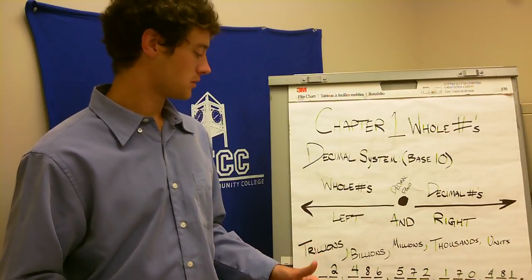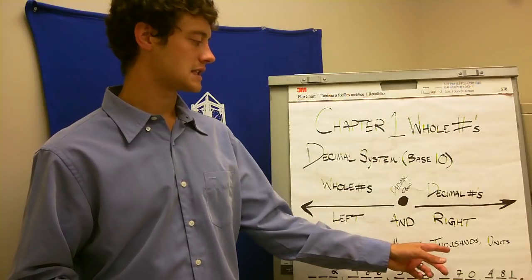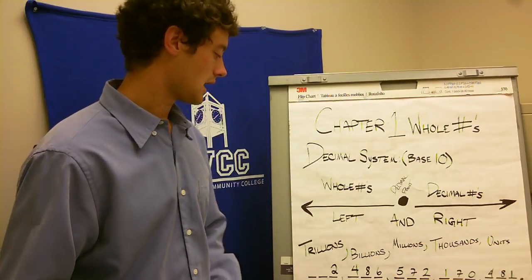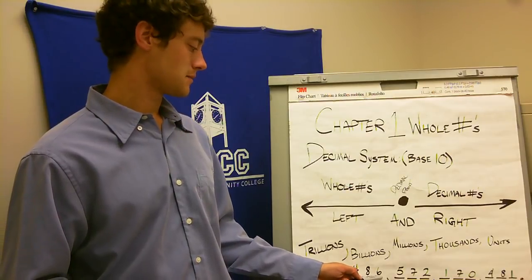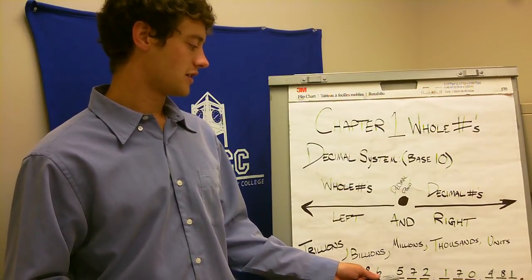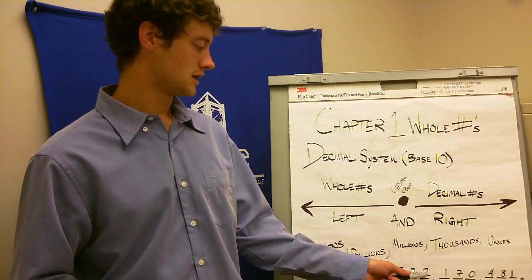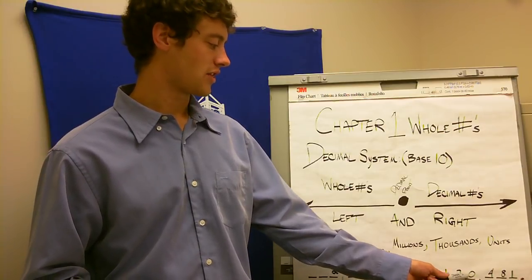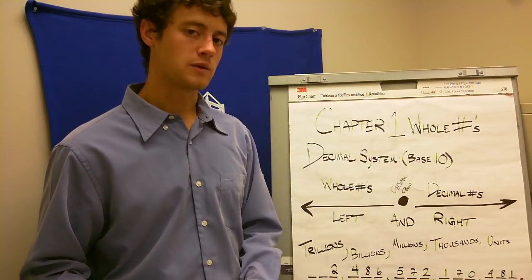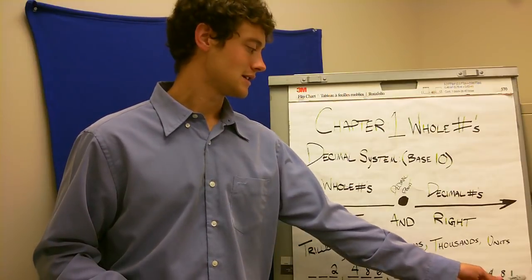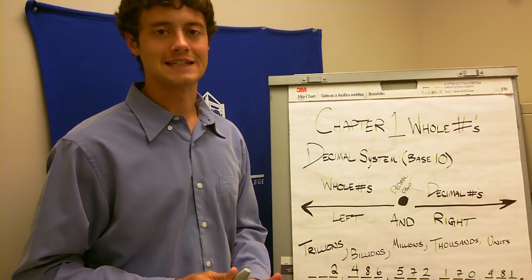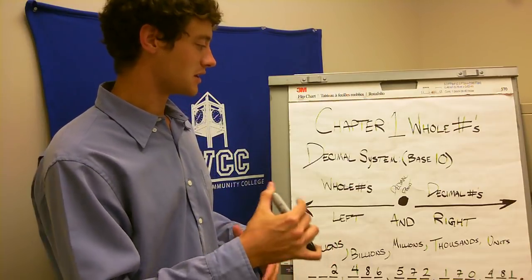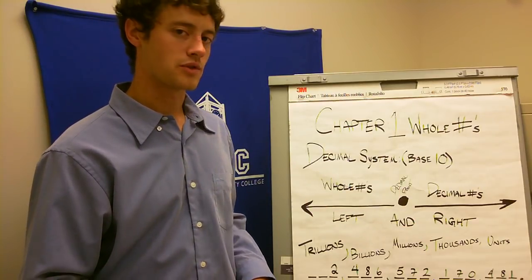So, for example, we have trillions, billions, millions, thousands, units, and this number 2,486,572,170,481. And is my decimal point, and if I want to make it "and 18," that'd be continuing on, and we'll cover that in Chapter 3.